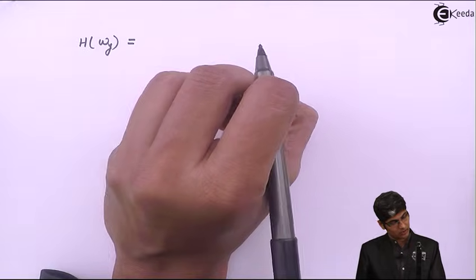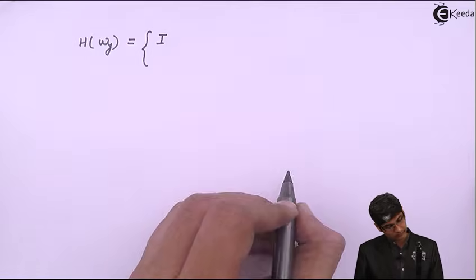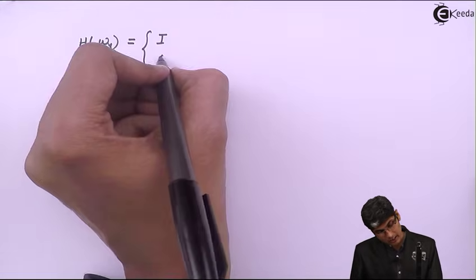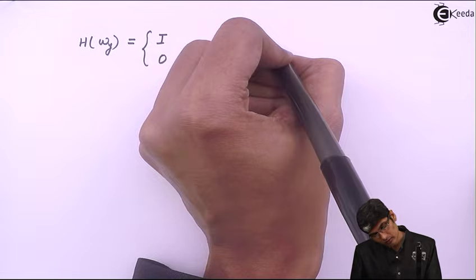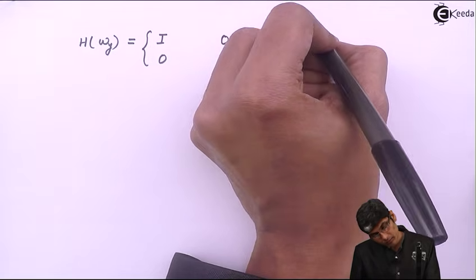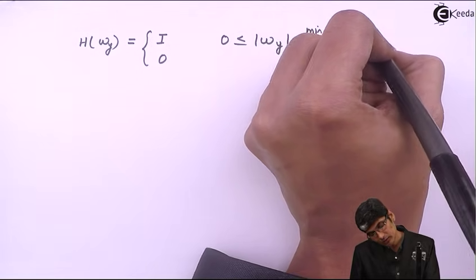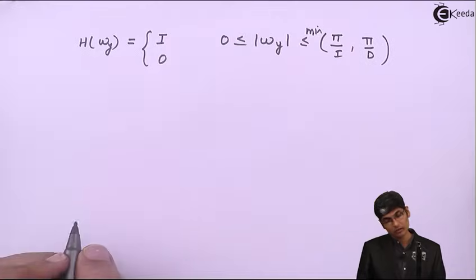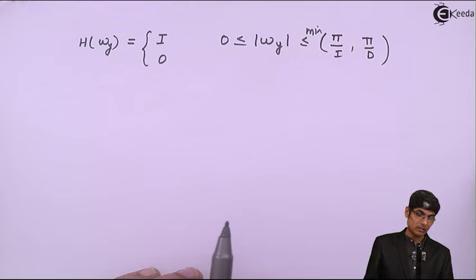Omega y, which is equal to I, and is 0 otherwise, and it will be I for a minimum of pi over I comma pi over d. Now what is this? Minimum of pi over I and pi over d is like this.